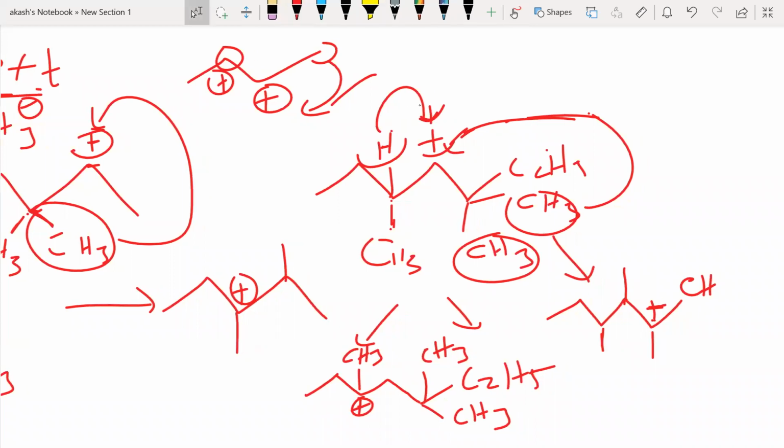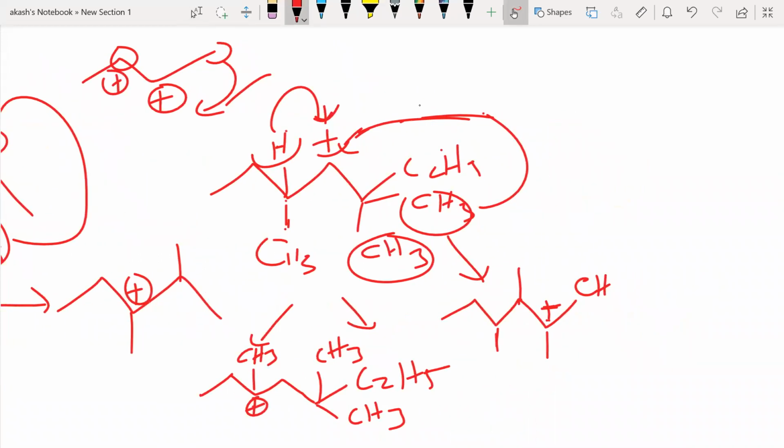Let me make some space. This is CH2, CH3. Okay, right? So now how many hyperconjugating structures can it have? We'll just look into it.